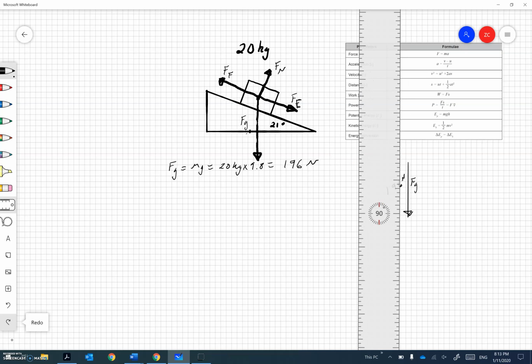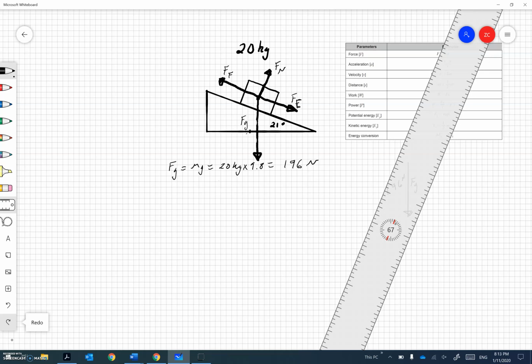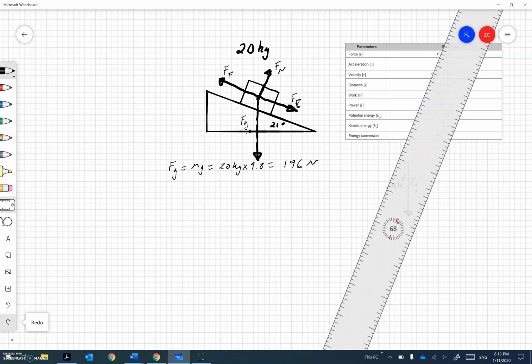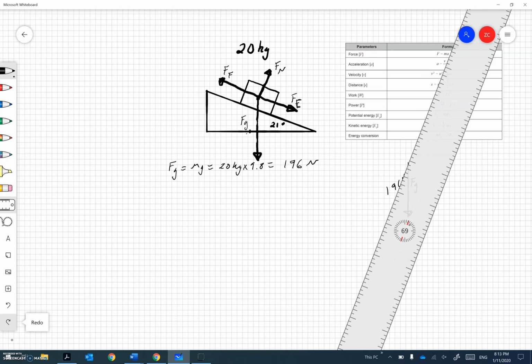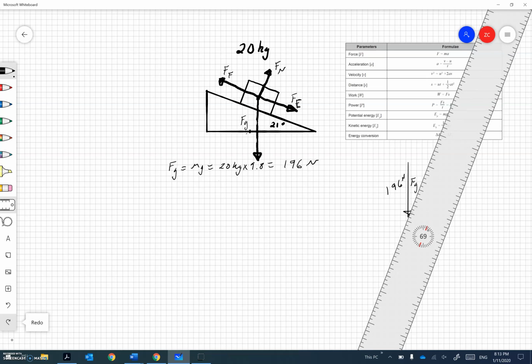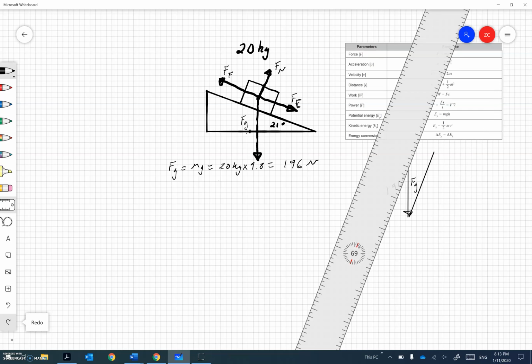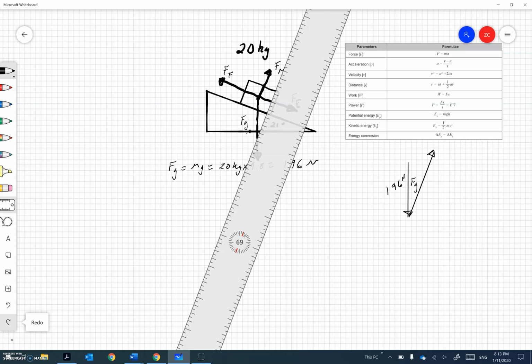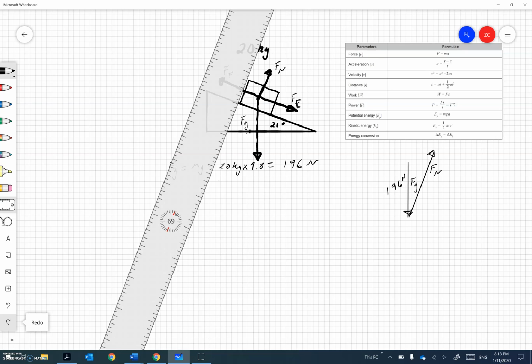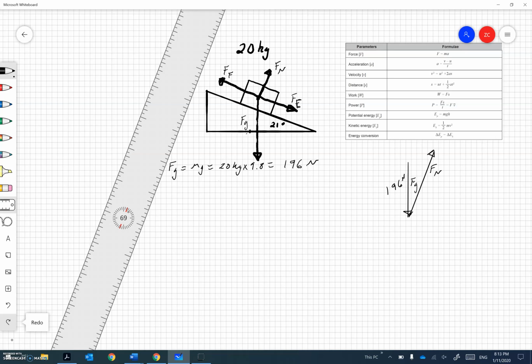All right. Now, going in this direction, let me get the angle right. This is our normal force. Okay, so this is the force that the slope or incline exerts back on the box, and we're not too sure what that is.